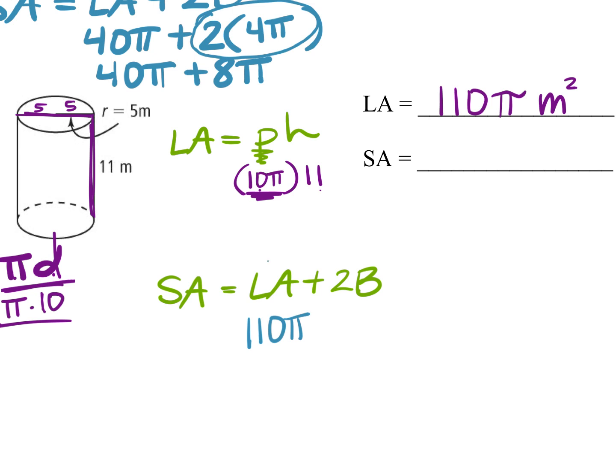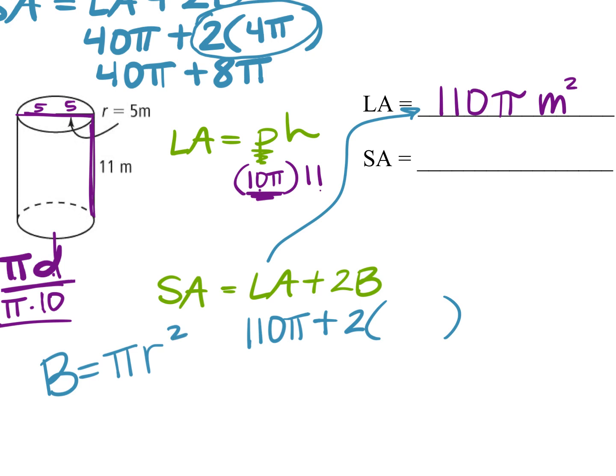You just drop that in from up here. Plus 2b, and then we need to know what b is. Remember, b is pi r squared. That's the area of the base when it's a circle. What is r? r squared, 5 squared, is 25.